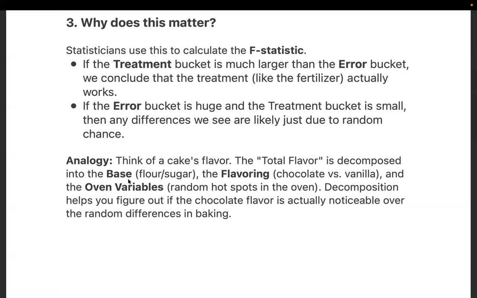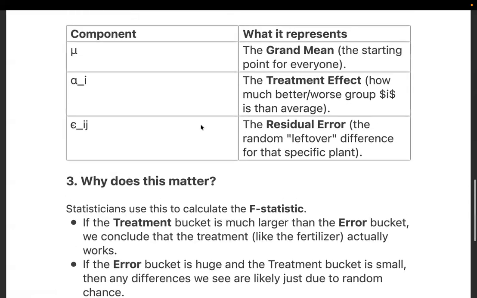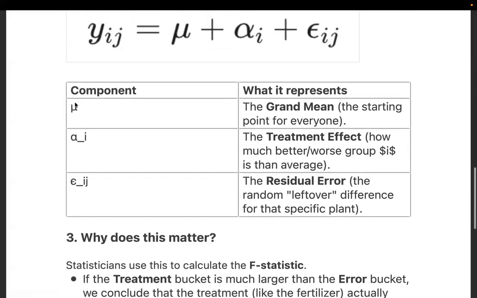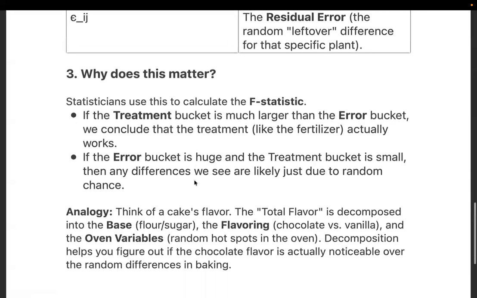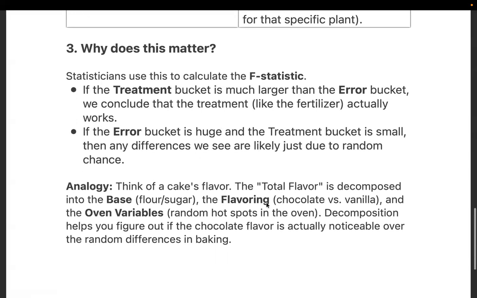If flavoring is not used and oven variables are equal, then they should all taste the same. This is one part, and the treatment effect is this one. Flavoring is the treatment effect, chocolate or vanilla.